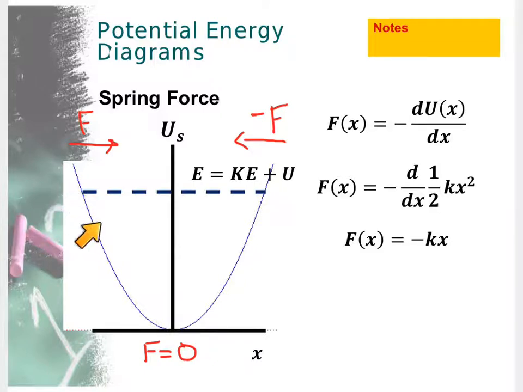So if the slope is negative, the force is going to be pointing positive. So when I know about the force, and I know about where the particle can stay, and I know about the particle's kinetic energy, which is the difference between total energy and potential energy, I can get an idea of how this mass on a spring is moving.